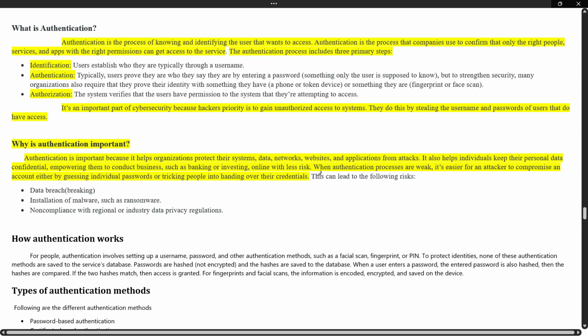If there is no authentication, what can happen? A data breach will happen, there can be installation of malware such as ransomware, and non-compliance with regional or industry data privacy regulations. With a data breach, your data breaks down, so anybody can use your data. If malware such as ransomware is installed, then your data will be gone.